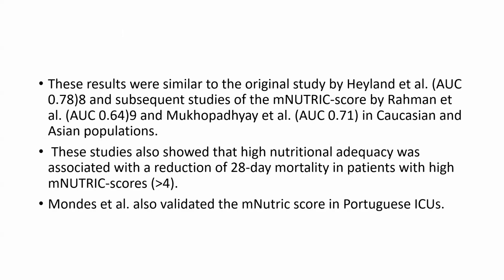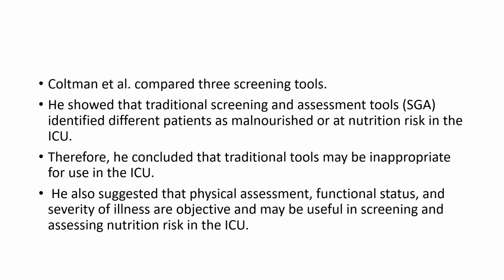And subsequent studies of mNUTRIC score by Rahman et al. and Mukhopadhyay et al. in Caucasian and Asian populations. This study also showed that high nutritional adequacy was associated with reduction of 28-day mortality in patients with high mNUTRIC score. Mendes et al. also validated mNUTRIC score in Portuguese ICU.